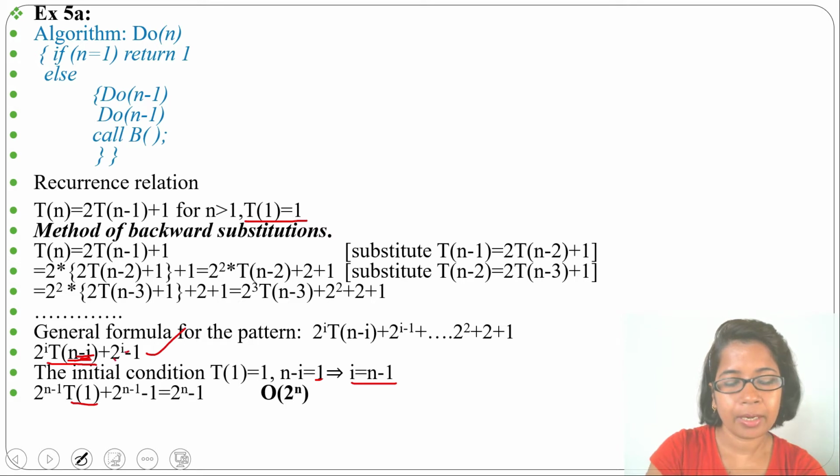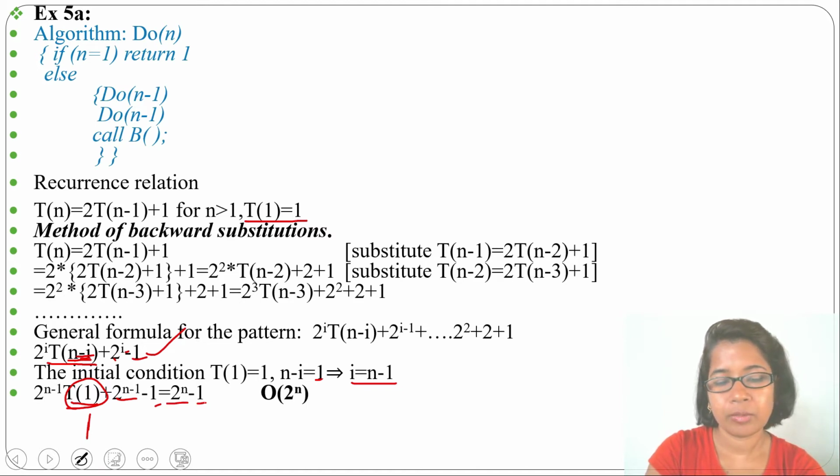Then 2 power i minus 1, that is 2 power n minus 1 minus 1. Now this T(1) is 1. 2 power n minus 1 plus 2 power n minus 1 minus 1 gives 2 power n minus 1. So the running time will be big O of 2 power n.